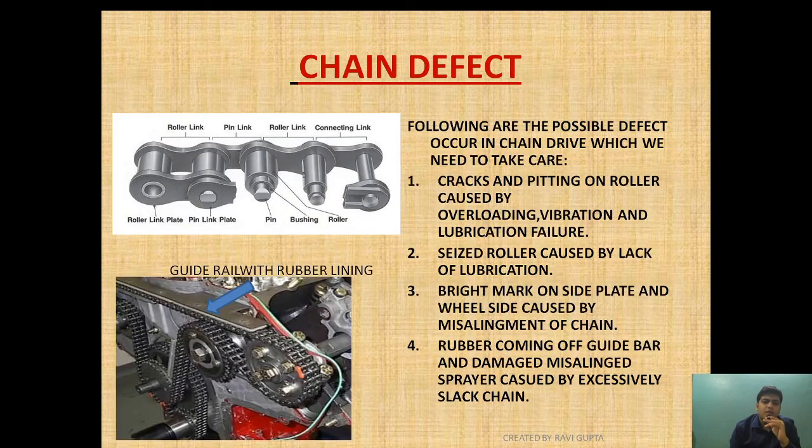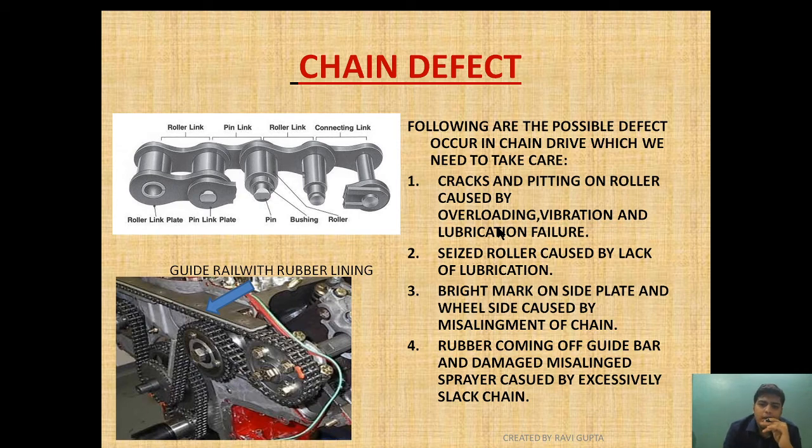Now, what are the defects which you can see? Basically, as you can see here, this is the roller link I have told you, and this is the pin link from pin to pin. Now, one defect is crack and pitting on the roller caused by overloading, vibration, and lubrication failure.